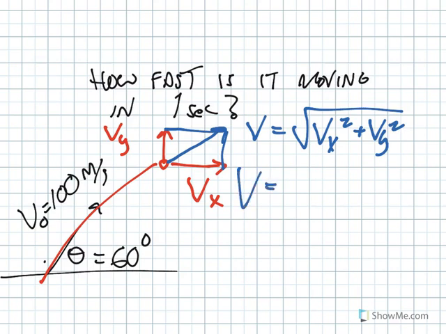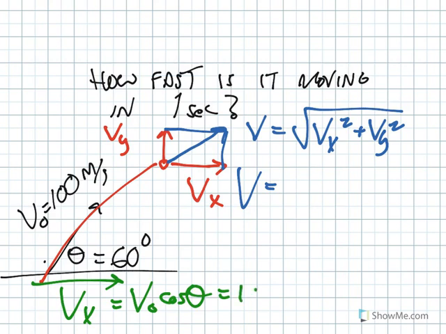All right, so that's going to be, let's see, well, the Vx part is V naught cosine theta. So that's 100 meters per second times cosine of 60.